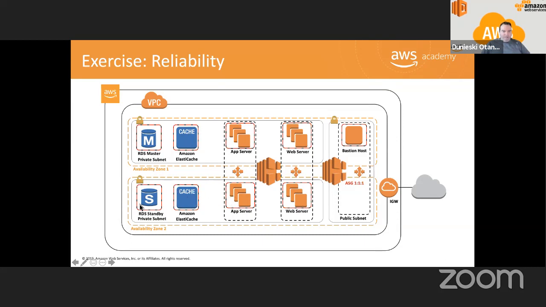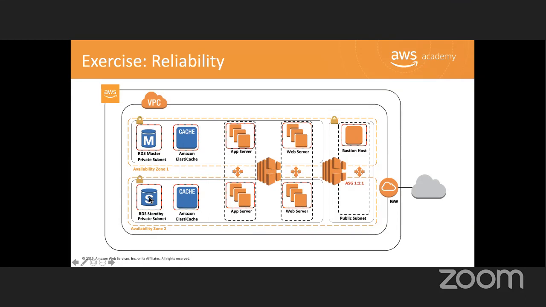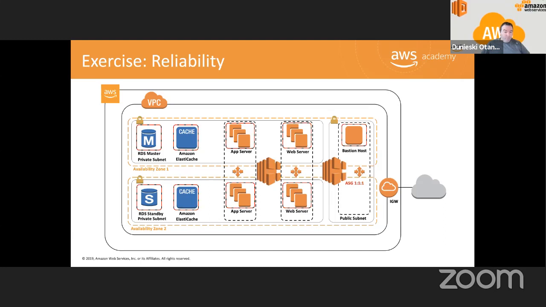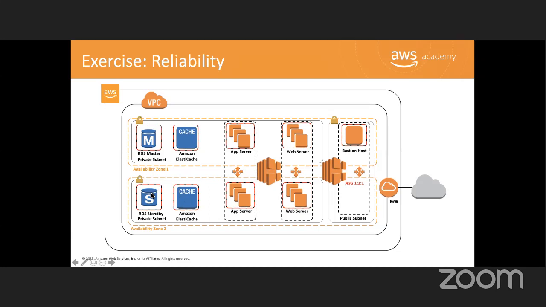Remember, this guy is standing by. This guy's not working. It's just there. When something happens with this availability zone, then this guy will fail over here. Okay. But the elastic cache, it's for availability, right?